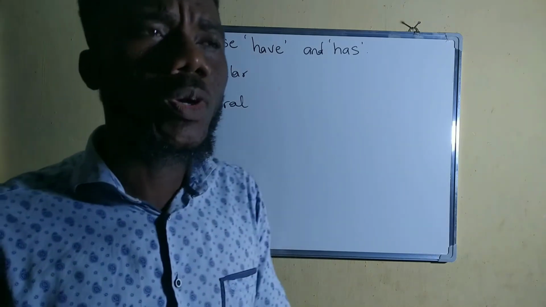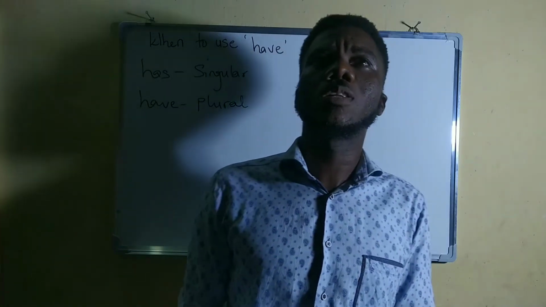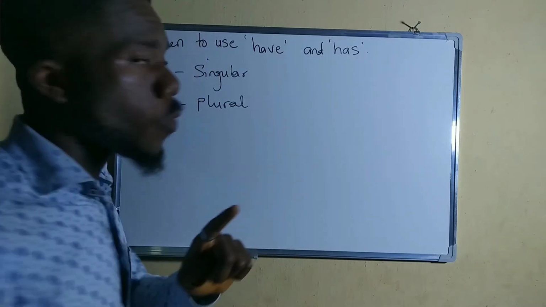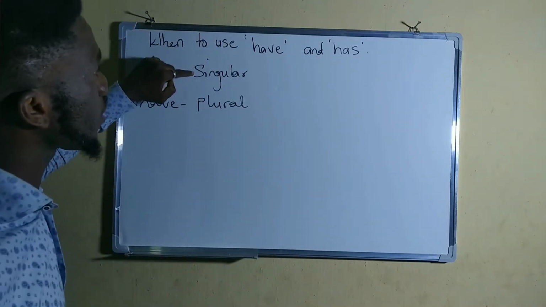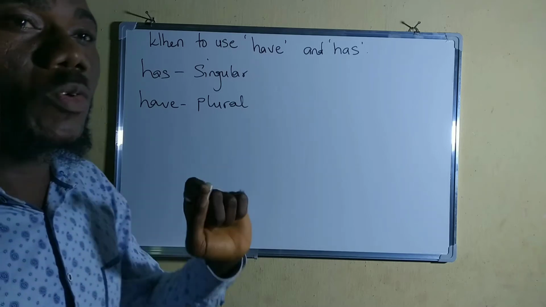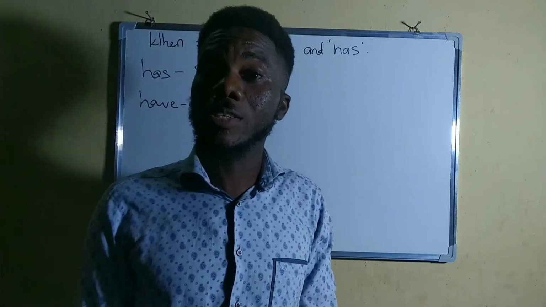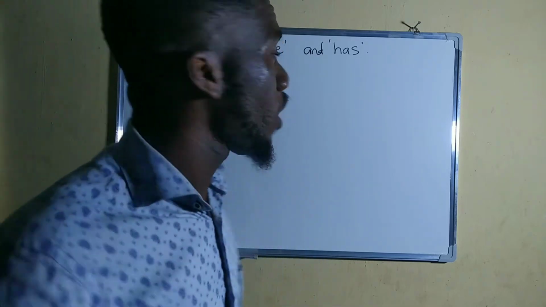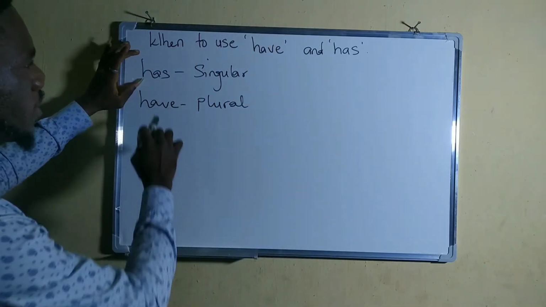And you have to know that there is a rule in Concord. There is a rule that says that when the subject of a sentence is singular, the verb in that sentence must be singular. And when the subject of a sentence is plural, the verb must be plural. Therefore, when do you make use of has?